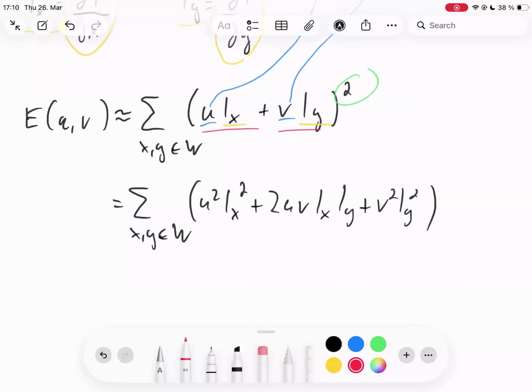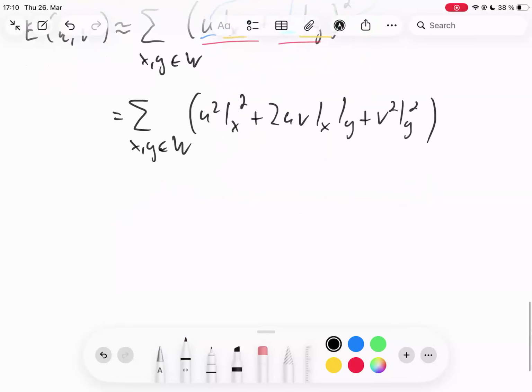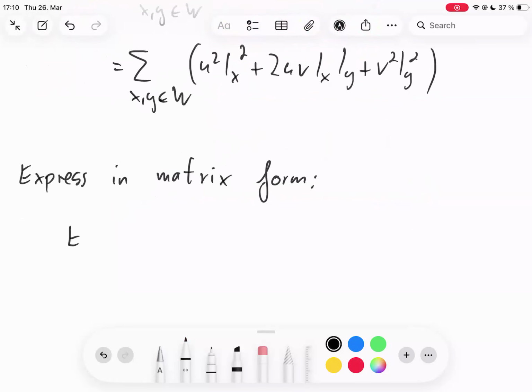And now you're wondering, what is this helpful for? Why have I done all of this? It turns out we can express this in matrix form. We can write the error of uv as approximately something.